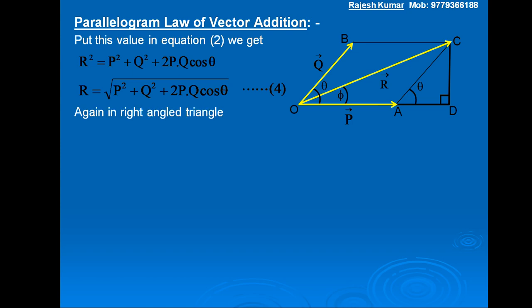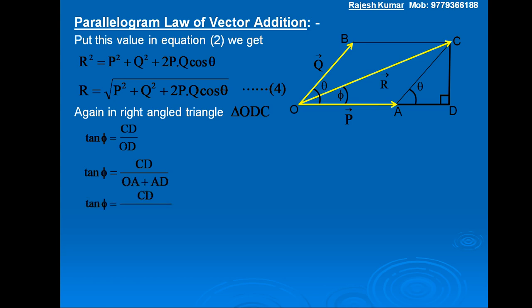Again in right angle triangle ODC, tan phi is equal to height CD upon base OD, or tan phi is equal to CD upon OD, which is again equal to OA plus AD.